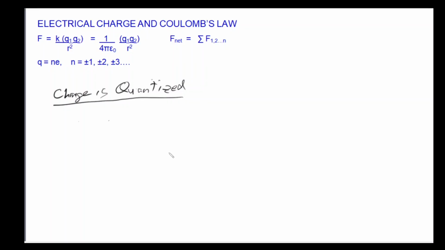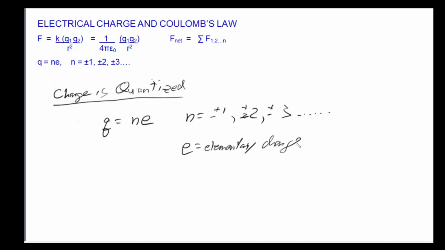All charges are made up of an elementary charge or a quantized charge, and this is given by the formula Q equals NE, where N is equal to plus or minus 1, plus or minus 2, plus or minus 3, etc. And E is the elementary charge, and that's equal to 1.602 times 10 to the minus 19 coulombs.